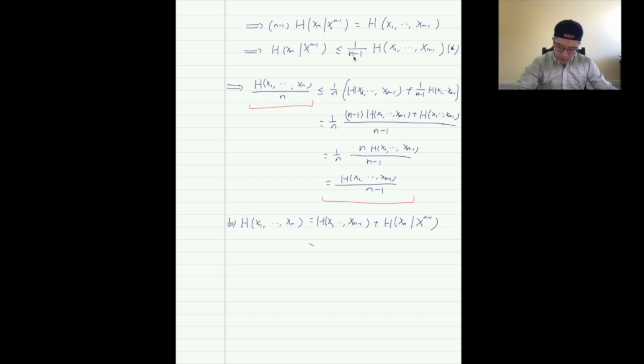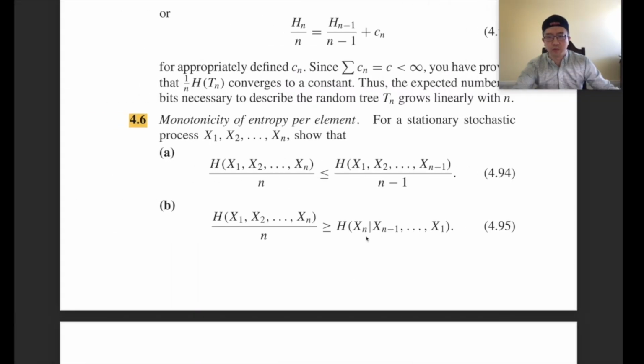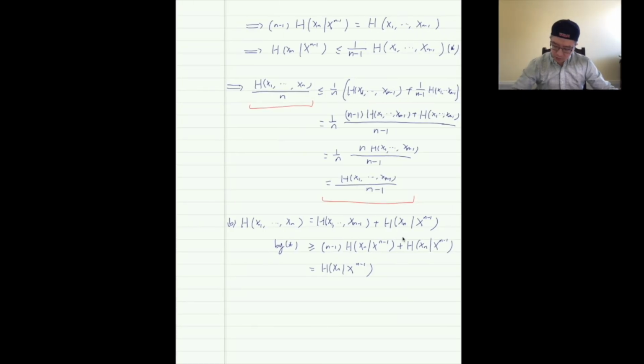So this is bigger than or equal to, by using star, we move this n minus 1 to the other side, so we have n minus 1 times this, and add this. You can see that we have H(Xn given X_{n-1}), which is exactly what we want here. So now we finished the proof of part B.